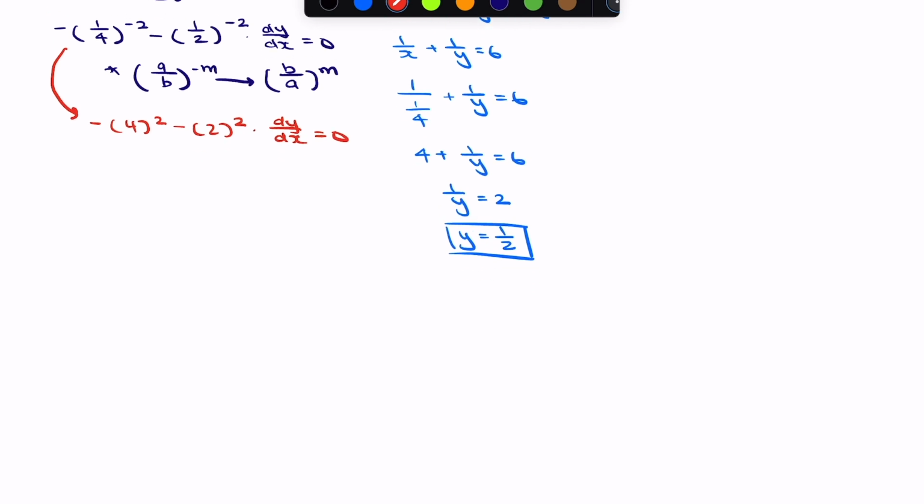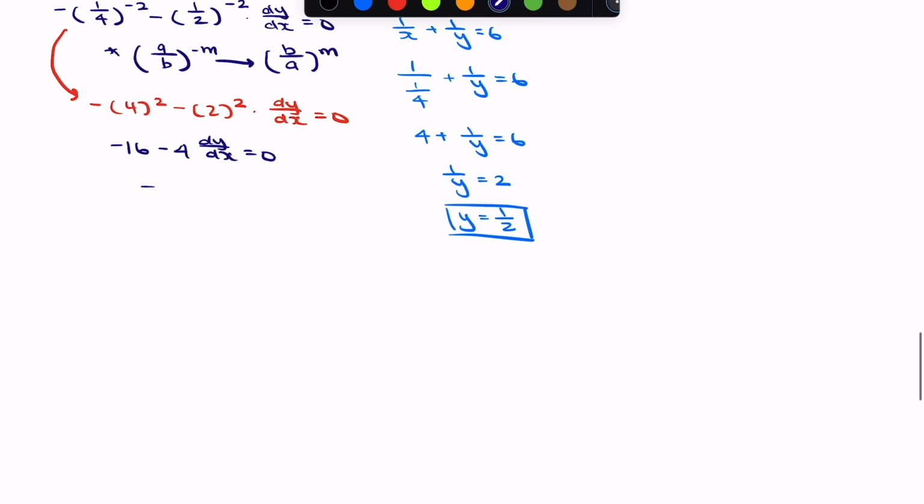So here we get negative 16 minus 4 dy over dx is equal to 0. Negative 4 dy over dx is equal to 16, and we move it to the right side and then isolate for dy over dx, so divide both sides by negative 4.